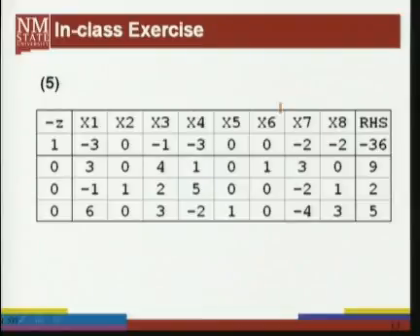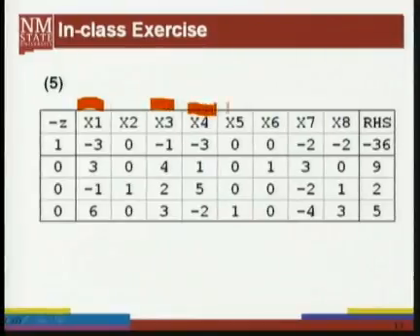So in this table, is there any non-basic variable whose relative profit is 0? Which variables are the non-basic variables at this time? x1, x3, x4, x7, and x8, right? Those 5 variables are the non-basic variables.